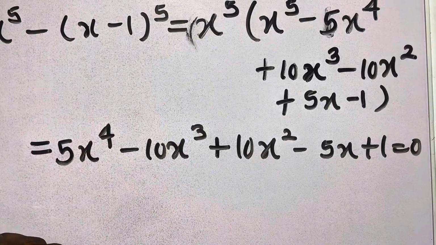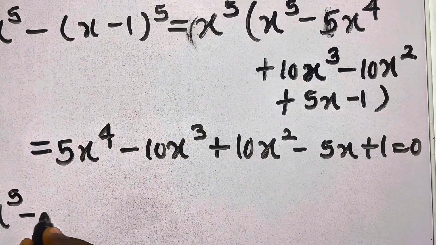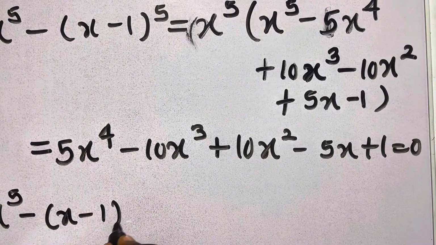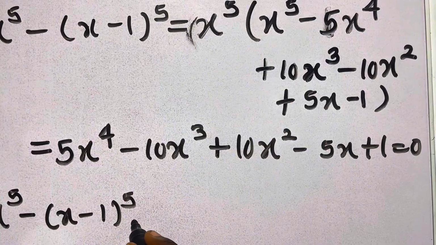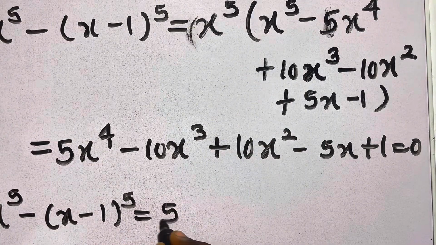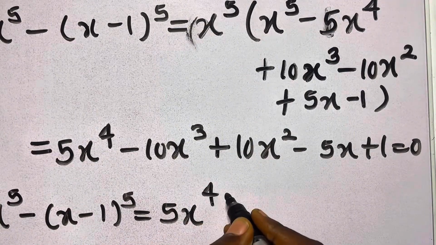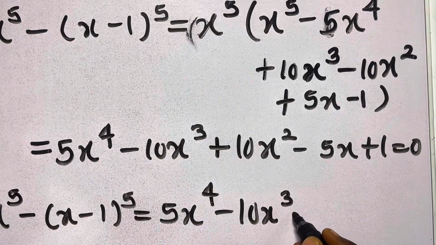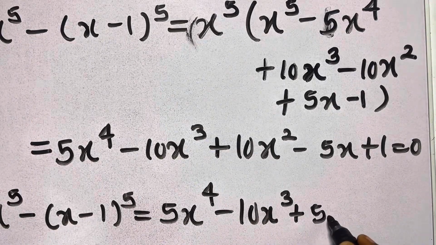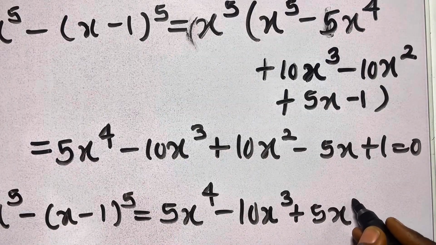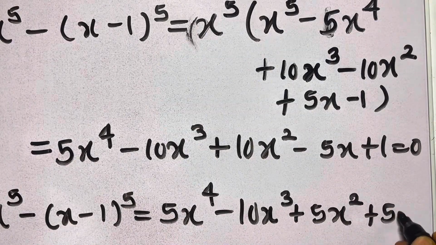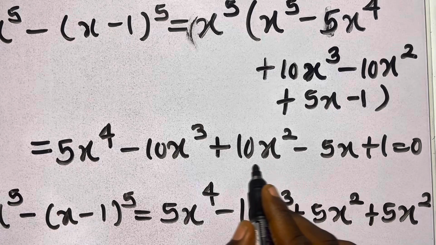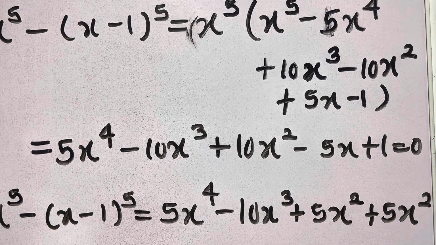So the expression becomes 5x^4 minus 10x^3 plus 5x^2 plus 5x^2. That means we've broken this 10 into 2 now. Then what we have is minus 5x plus 1.